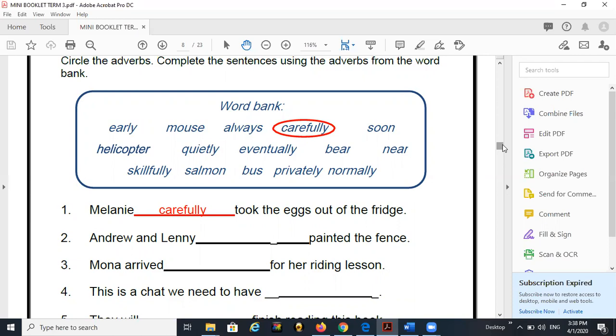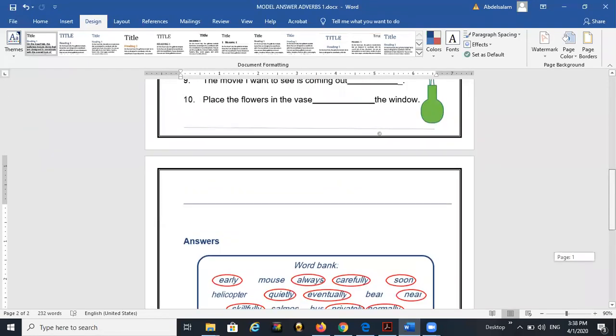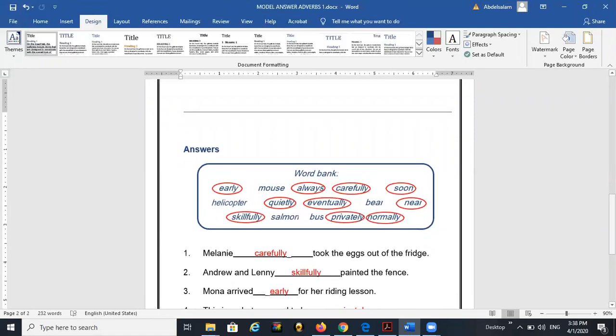Milani carefully took the eggs out of the fridge. Number 2, Andrew and Lenny blank painted the fence. Andrew and Lenny skillfully painted the fence.